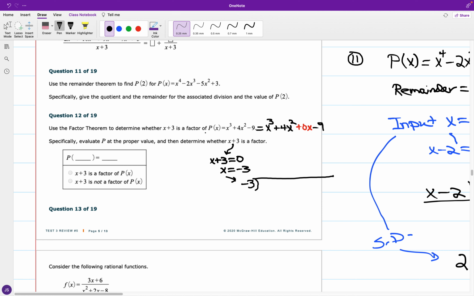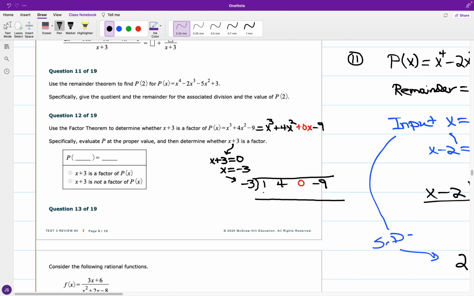Now for p of x, the dividend, you have 1 for x cubed, 4 for x squared, 0 for the missing first order x term, and negative 9 as the constant that closes out the dividend expression.